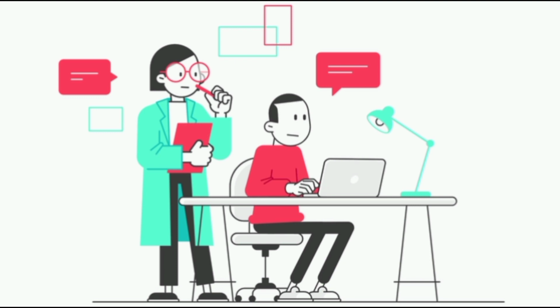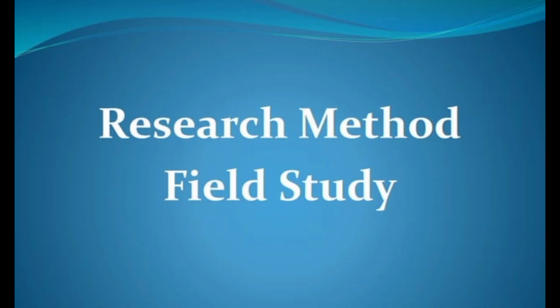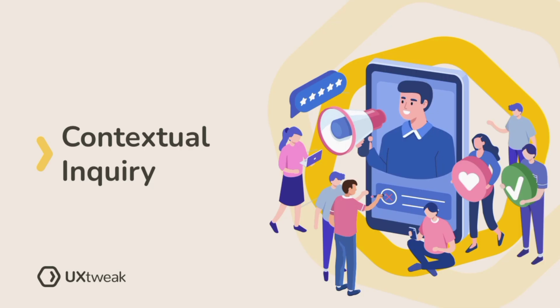So in this, the researcher gives the user some part of the app to use, and they observe the user to see what places of the app are easy to use or what places of the app are actually difficult to use. So after getting the user feedback, we can change the parts that are difficult and make the app easy to use.